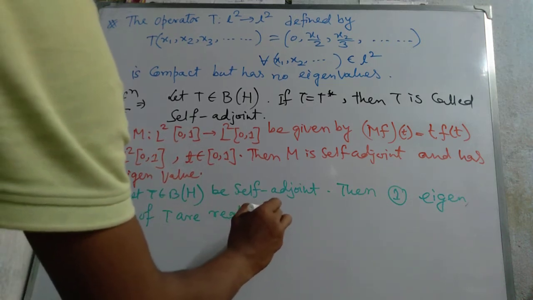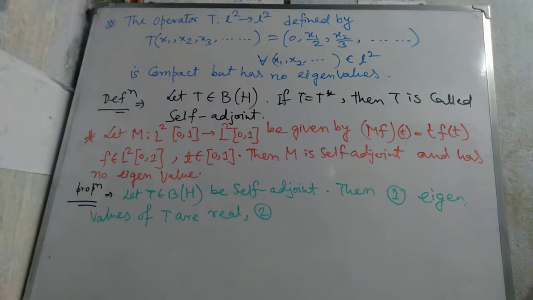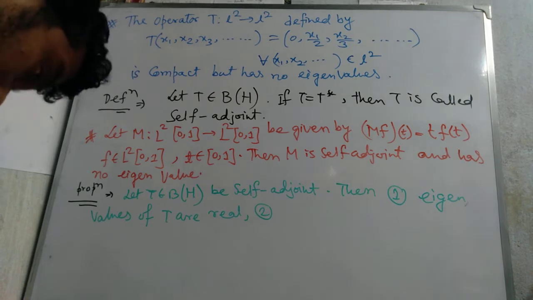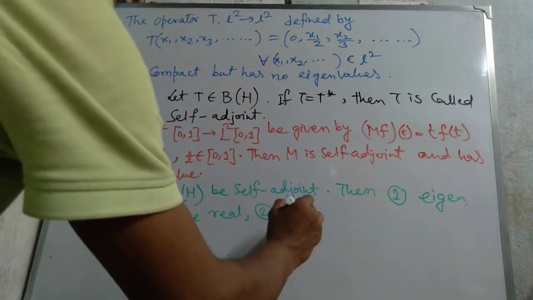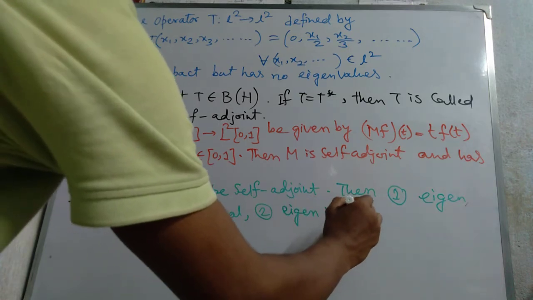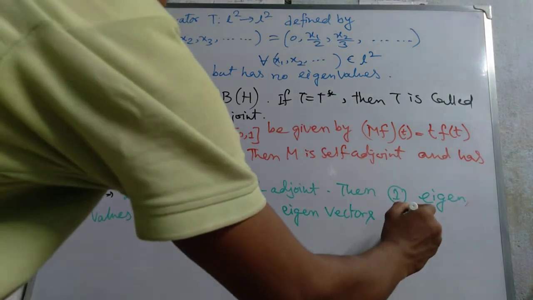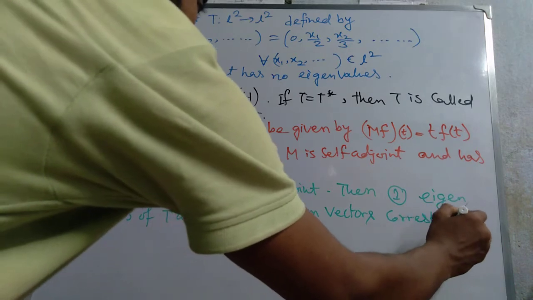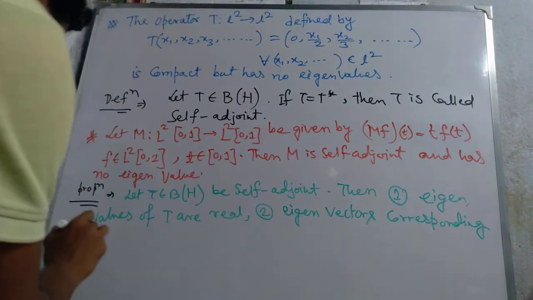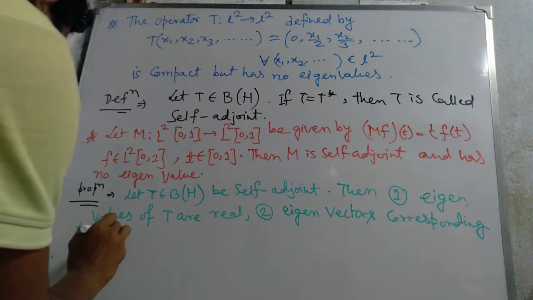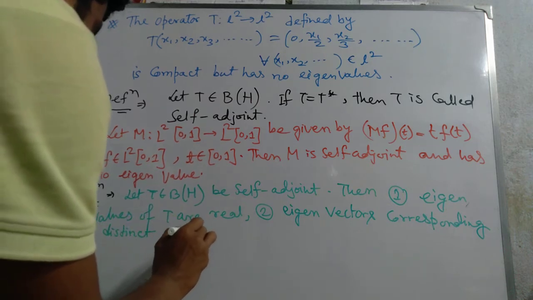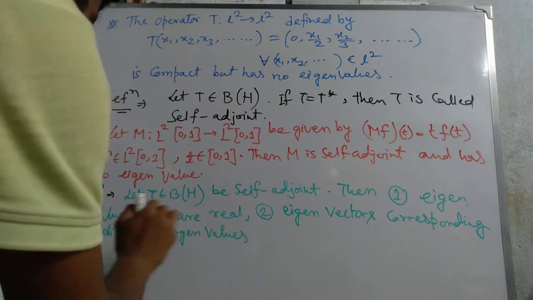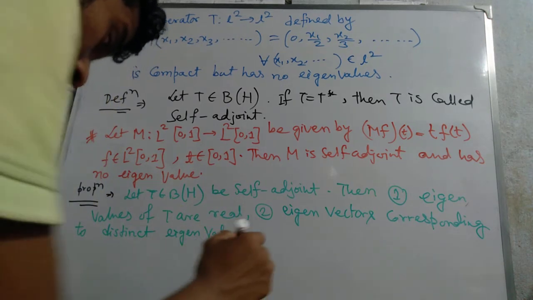Second, eigenvectors corresponding to distinct eigenvalues are orthogonal.